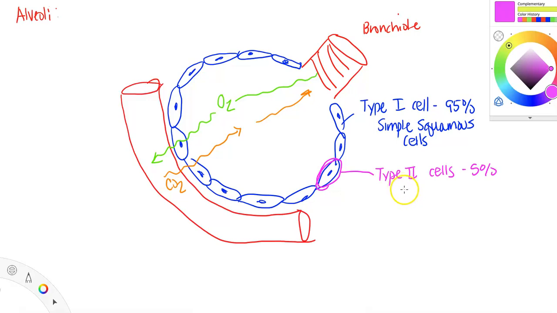These cells, first of all, secrete something called surfactant. And surfactant is a little chemical that is barfed into the alveoli, and what it does is it decreases surface tension.